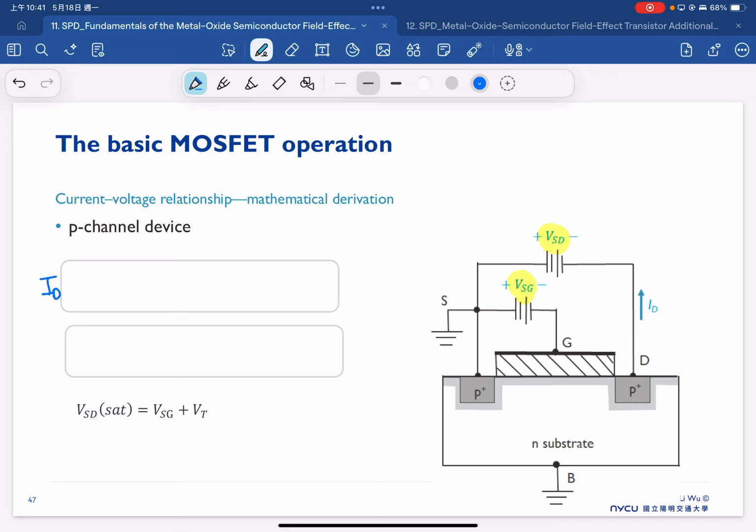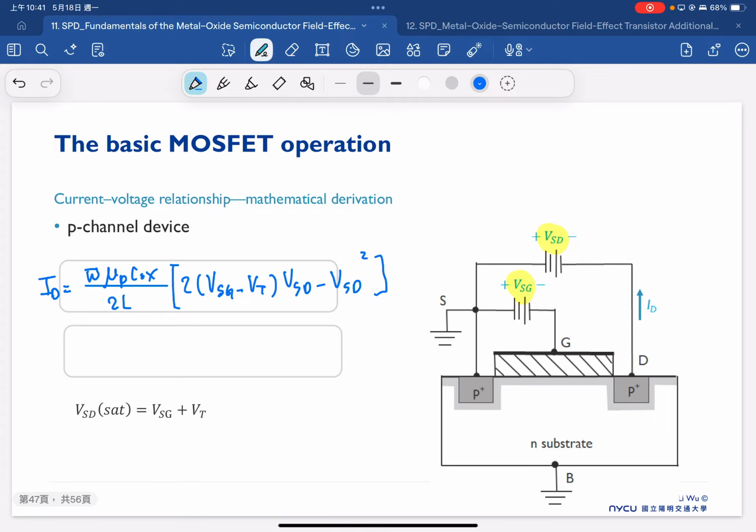ID is equal to W, but now we have to consider the hole mobility, mu p Cox over 2L, times 2(VSG minus VT) VSD minus VSD squared. So that's the p-channel device for the linear region.